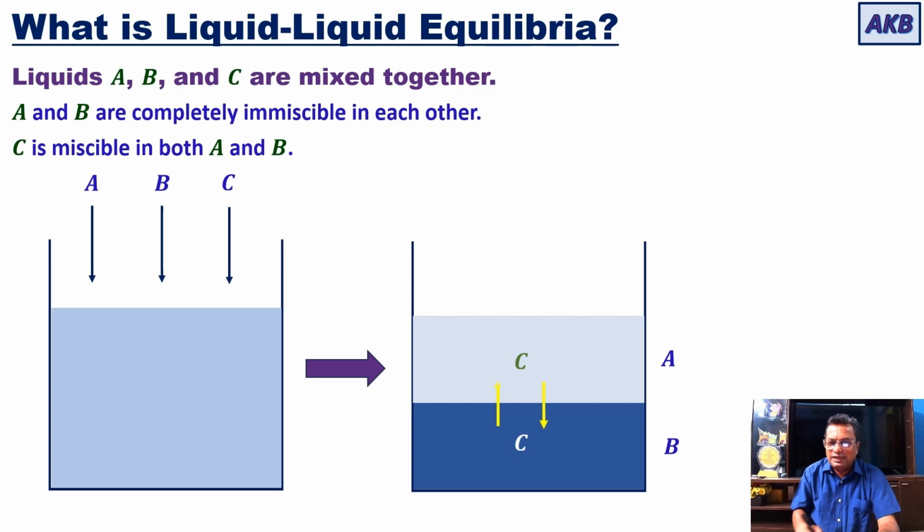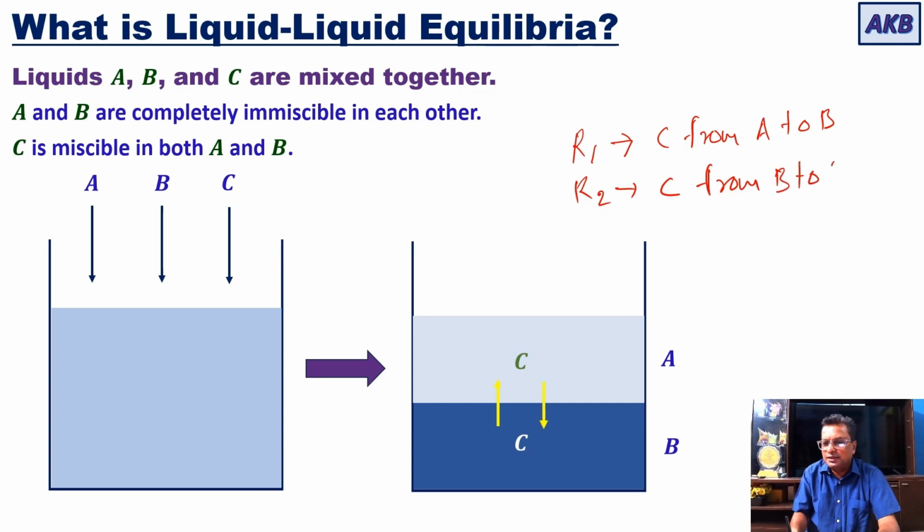So if I say that R1 is the rate of transfer of C from A to B, and R2 is the rate of transfer of C from B to A, then after sufficiently long time, these two rates become equal.